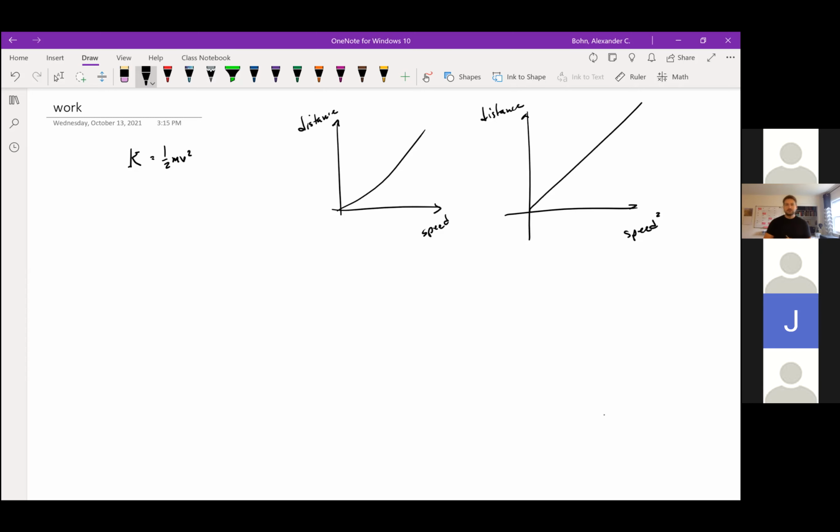So if we make this definition, it seems to me that speed squared has something to do, some sort of relationship to a friction force applied for a distance.